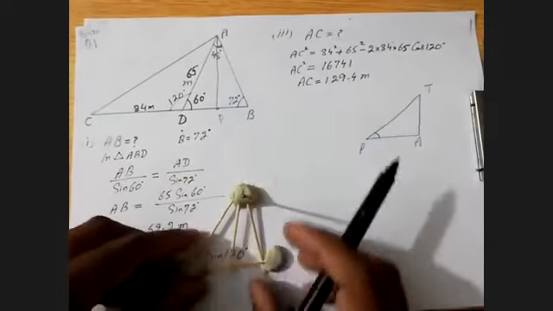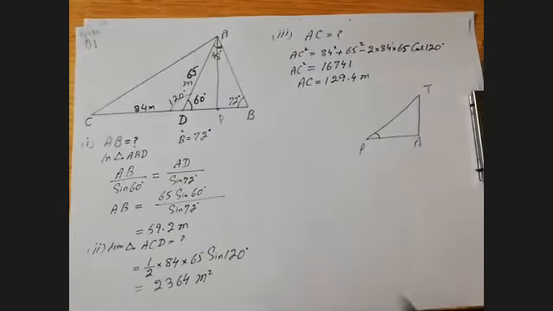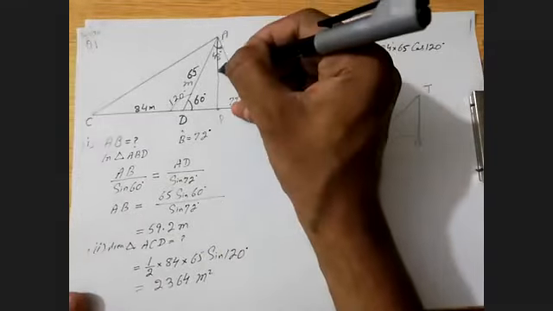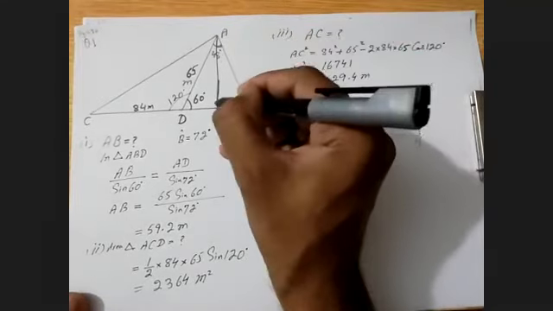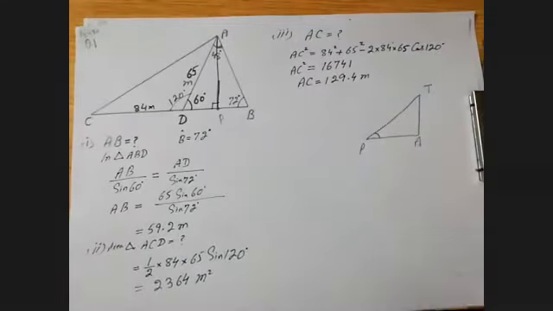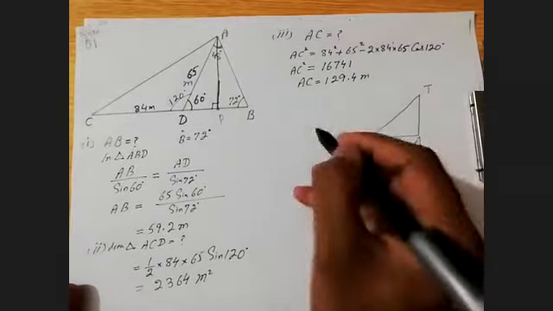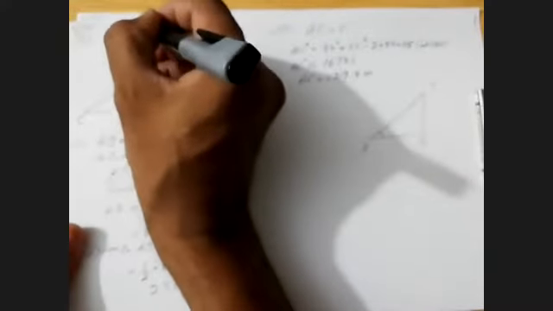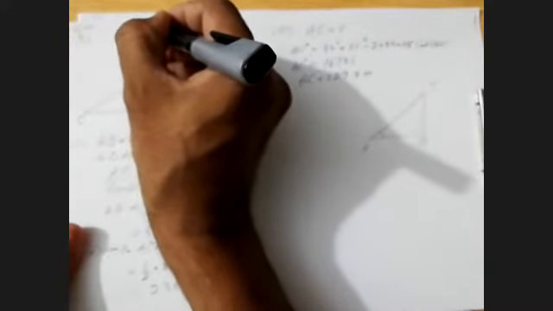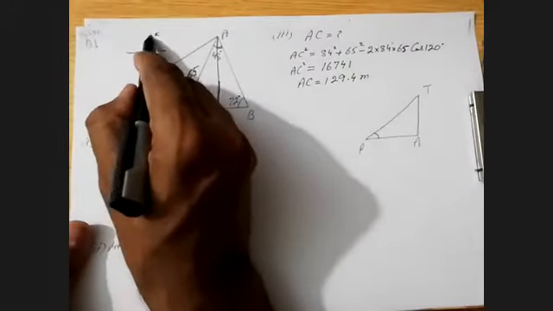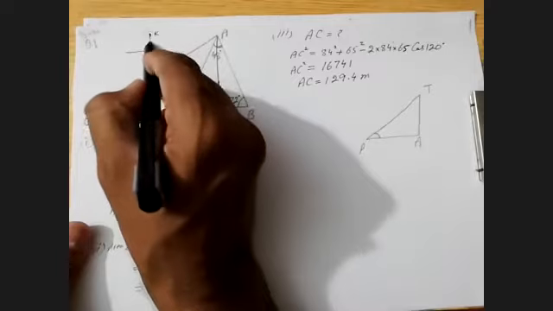AP is a perpendicular line, because you know that the shortest distance from a point to a line is the perpendicular distance. If I am drawing a line like this and this is a point, say point K, then from K the shortest distance will be the perpendicular distance.